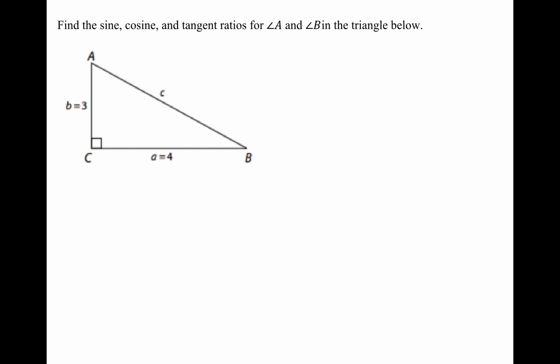So some examples. First, this says find the sine, cosine, and tangent ratios for angle A and angle B in the triangle below. Well, on this triangle, I only know 2 sides. So the first thing that I need to do is I need to find side C. So my Pythagorean theorem says that a squared plus b squared equals c squared.